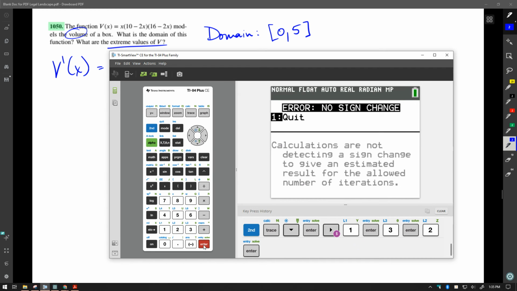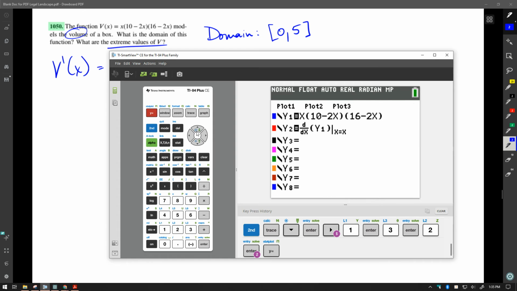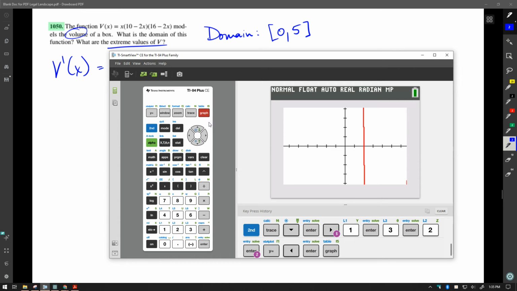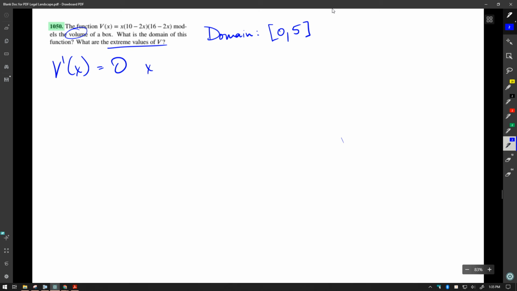Oh, there were none because that was the wrong function. Okay, how about this? Close this one down. Graph. There we go. Now let's do the zeros. Left bound 1, right bound 3, and guess is 2. Okay, yeah, it's at 2, so good. So we have x equals 2.